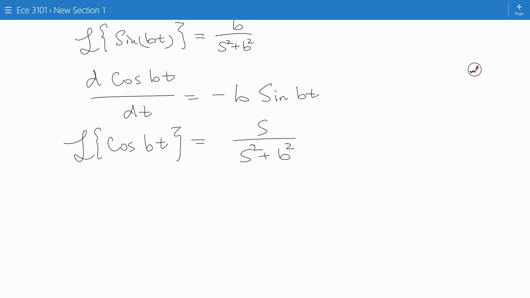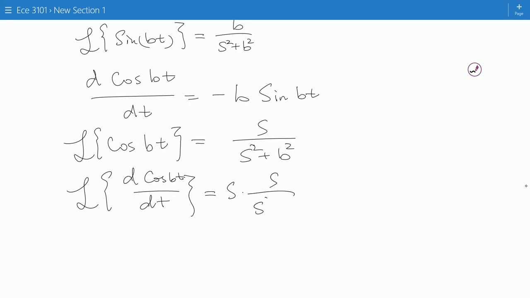Now I want to calculate d cosine bt over dt. So it's going to be s times s over s squared plus b squared. So it'll be s times the Laplace transform of the cosine function, minus the cosine function evaluated at time 0.